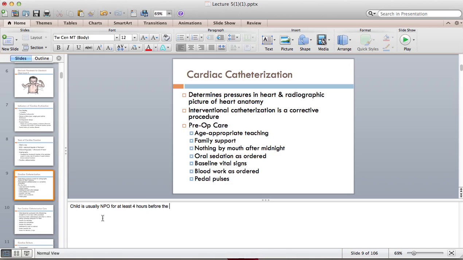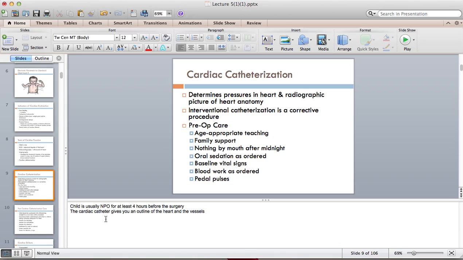And what the cardiac cath does is give you an outline of the heart and the vessels. The cardiologist will be able to take their pictures to be able to say, okay, this is where the problem is for this child.